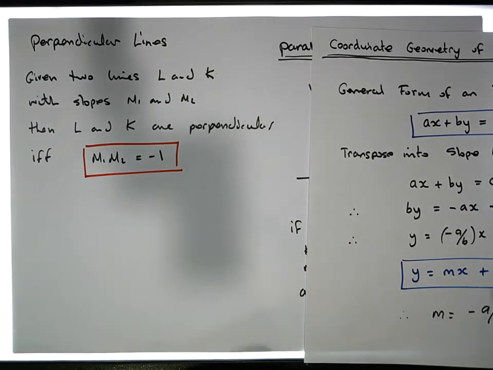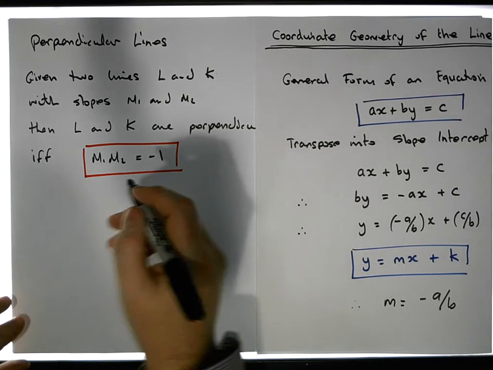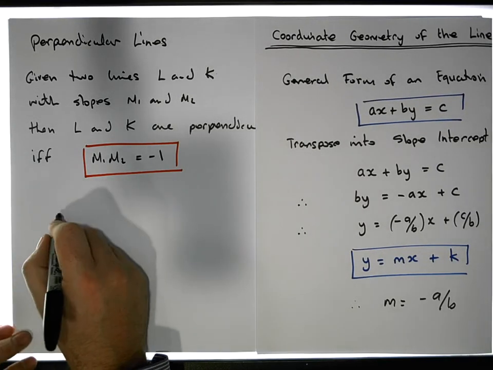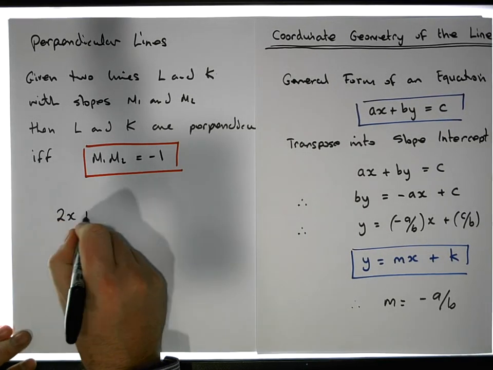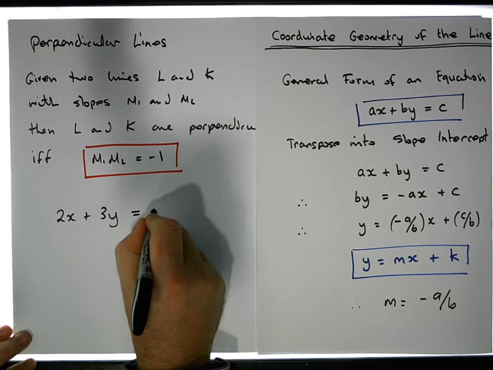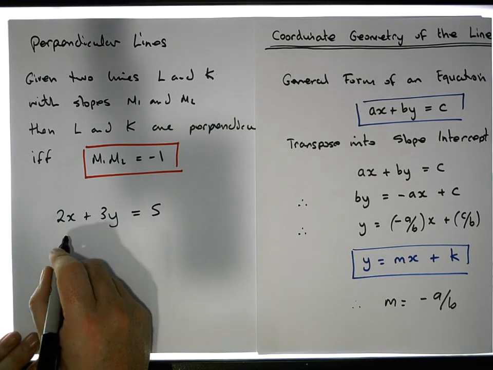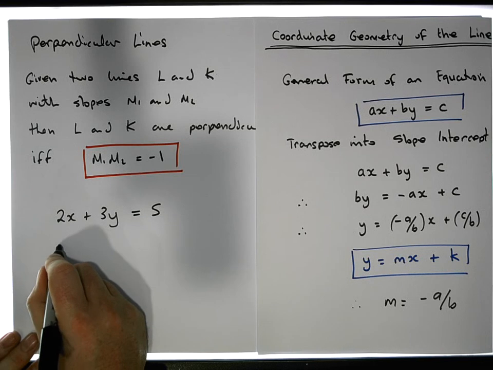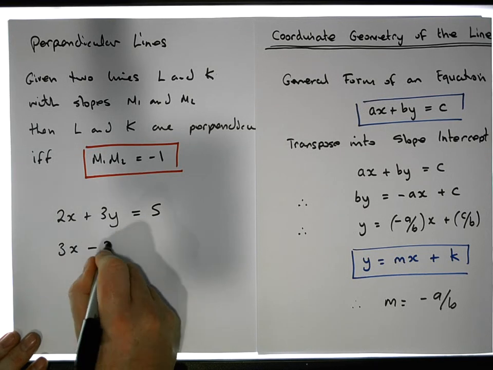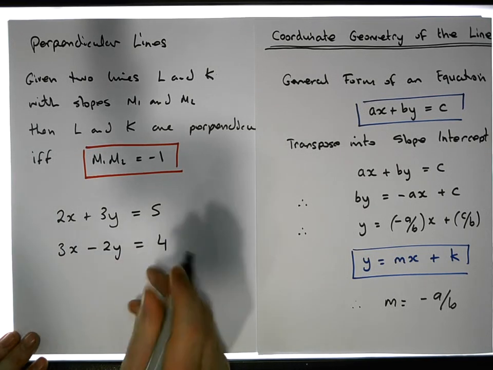So for example, let's have a look at two lines. Let's say we have 2x plus 3y is equal to 5, and let's say for argument's sake we have 3x minus 2y is equal to 4. There are two lines here.